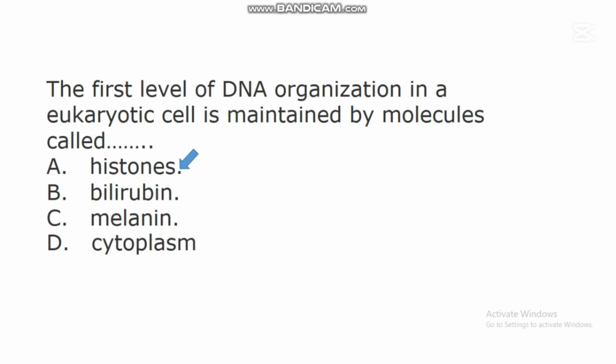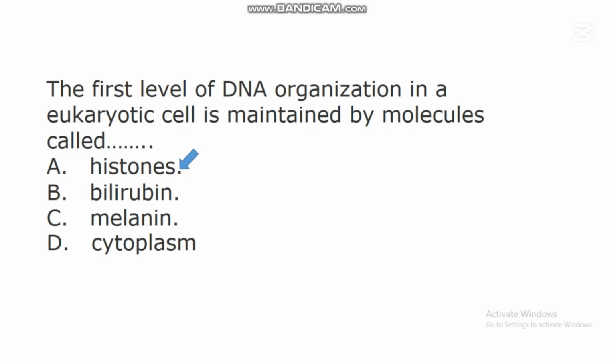Research has shown that this DNA is wound around proteins known as histones, and these histones help package the DNA very well in the nucleus. The length of this DNA is accommodated in the nucleus because histones play a great role in packaging it.